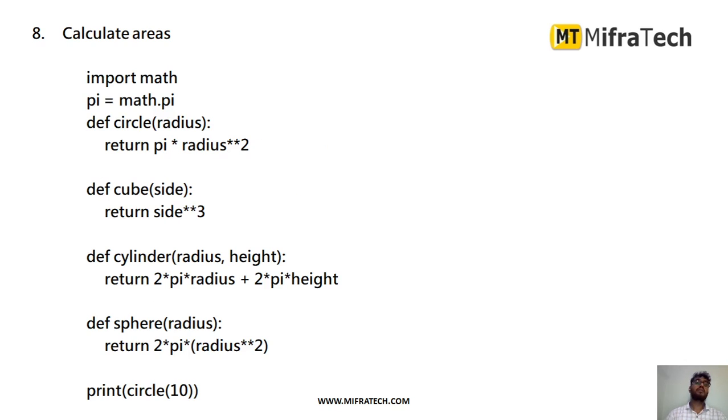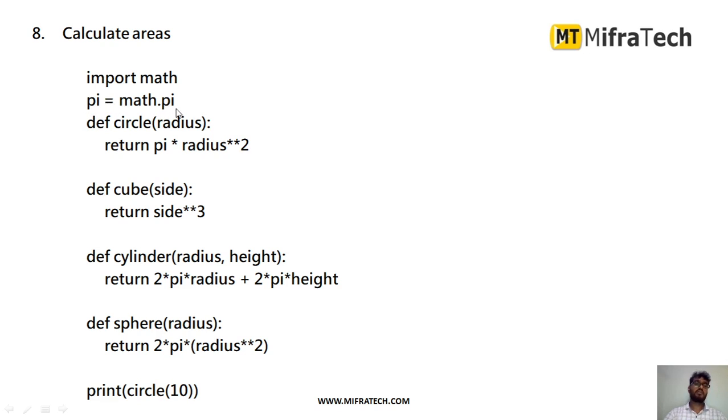That's it. Then we'll write a program to calculate areas: circle, cube, cylinder, sphere, different areas. For that we have to import the inbuilt math library in Python, because in some cases I want the constant pi, which is 3.14. So I am declaring pi equal to math.pi.